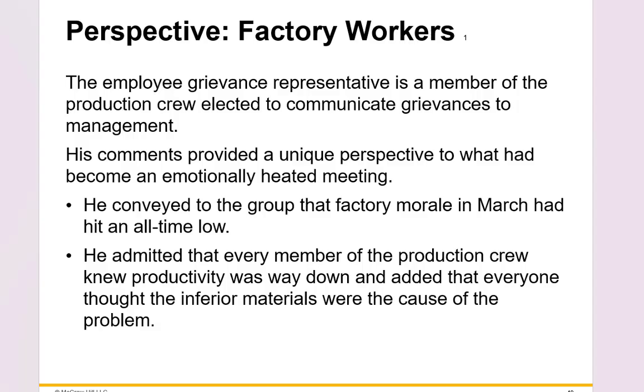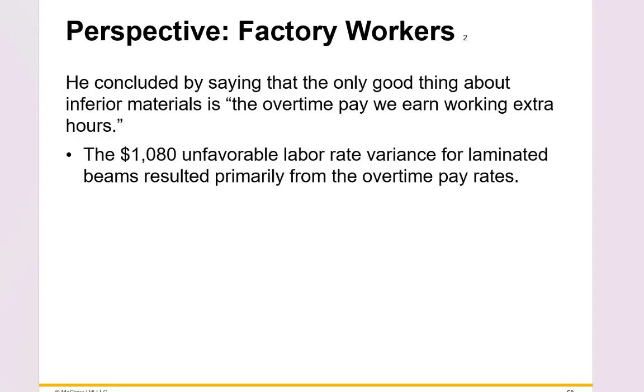Concluded saying, hey, the only good thing about this is we had more work based on these materials, so we got overtime pay, but overtime pay is expensive, great for the workers to get, I guess, but expensive.